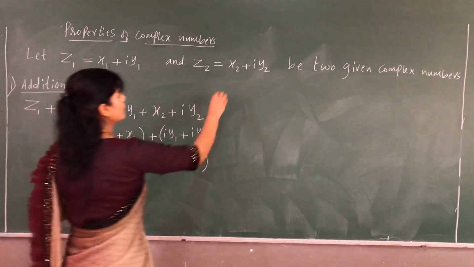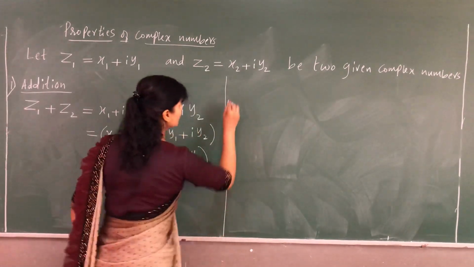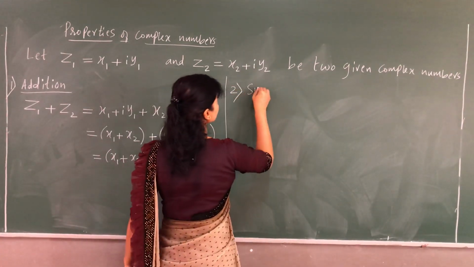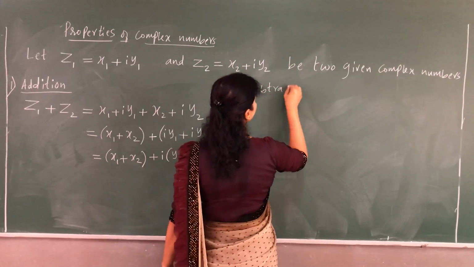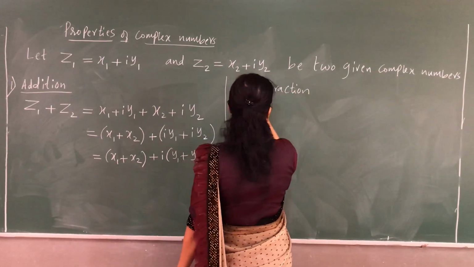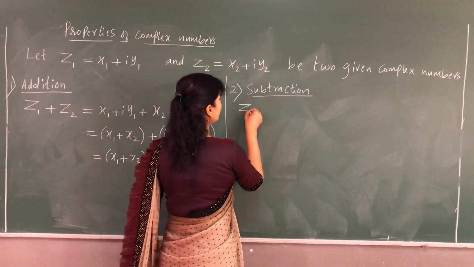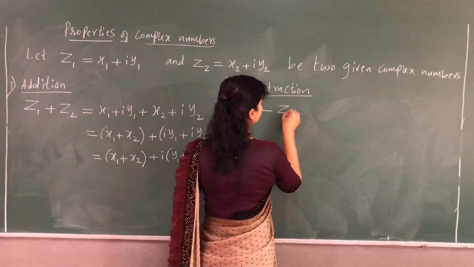Now coming to the second property, subtraction. The second property is how to subtract any two given complex numbers. So z1 minus z2.